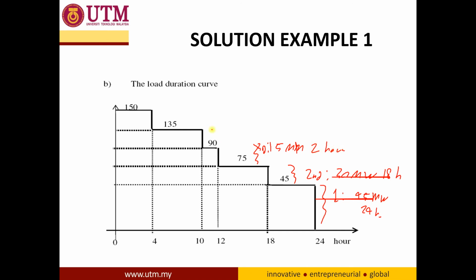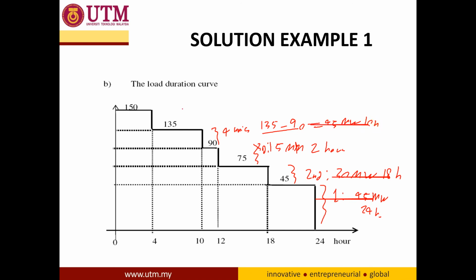And the fourth unit is 135 minus 90, which is 45 megawatt, for supply for 10 hours.